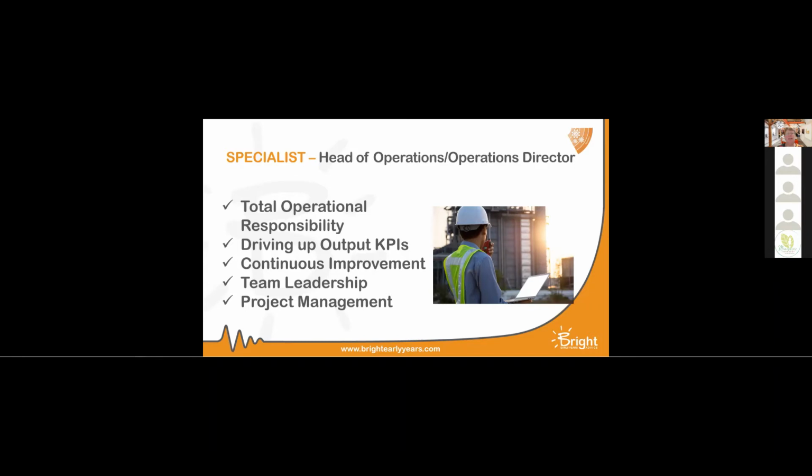Other things that an operations director will do is take on that total operational responsibility. So she is completely in charge of the nursery and club operations. She deals with everything within that side of things, with the people and processes. She has a senior team around her, so she's not doing it on her own.